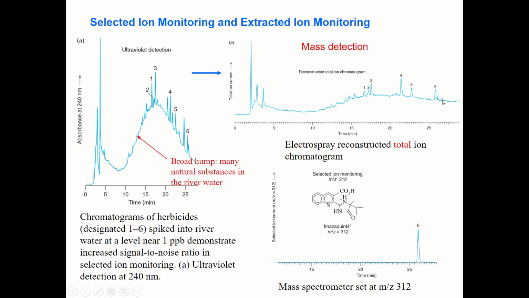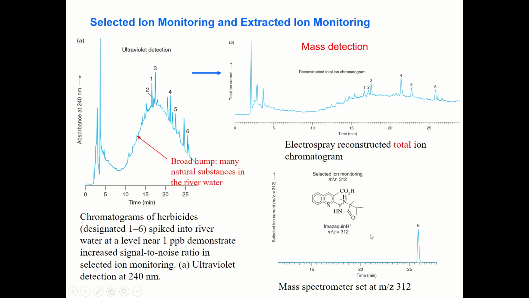But let's see, you want to monitor a specific chemical, for example this one, imazaquine. From this UV chromatogram or this ion chromatogram, although you obtained these peaks, you don't know which one is which, right?